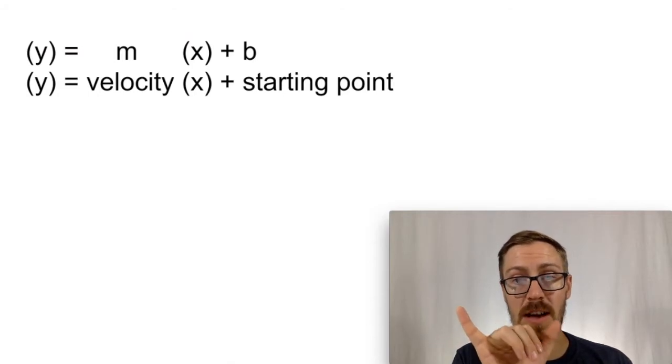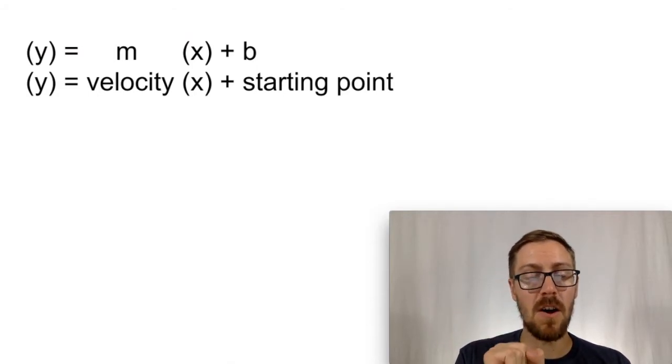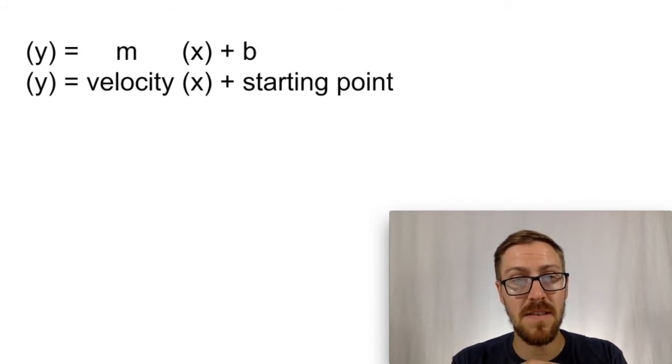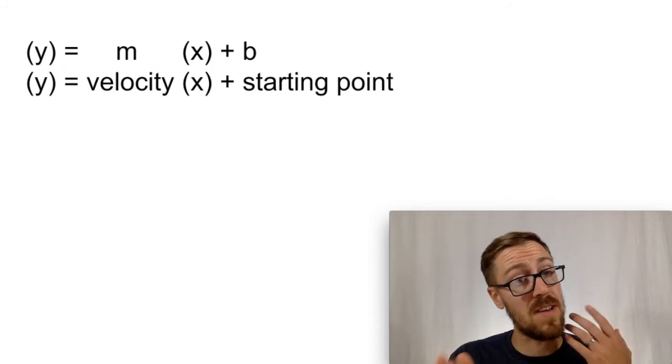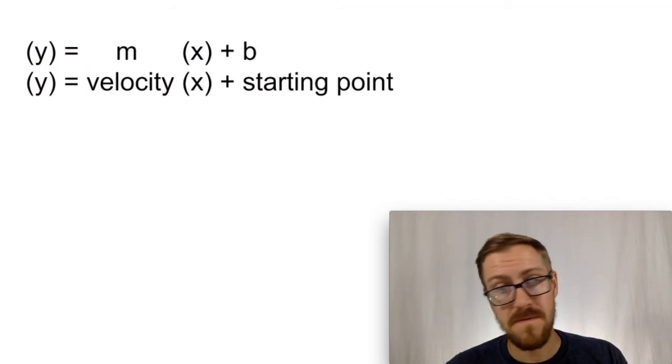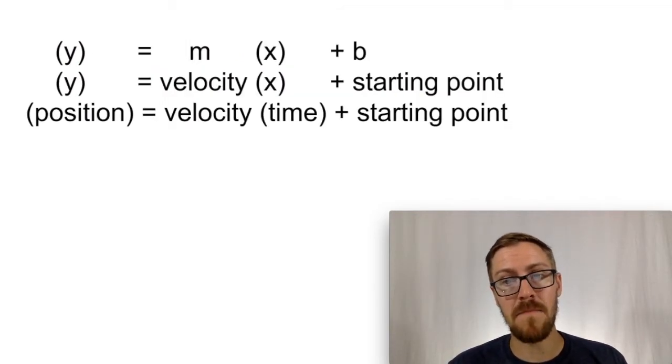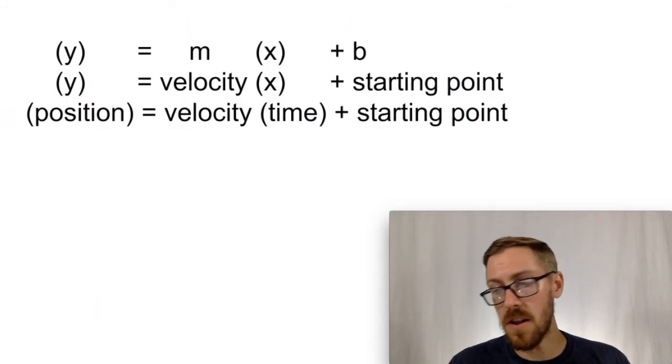Velocity and starting point are numbers that LoggerPro or graphical analysis gives us. Now the y is our variable for the y-axis, which in our case is position, and the x is our variable for the x-axis, which is time. So we can replace the y and the x too. Position equals velocity times time plus starting point.